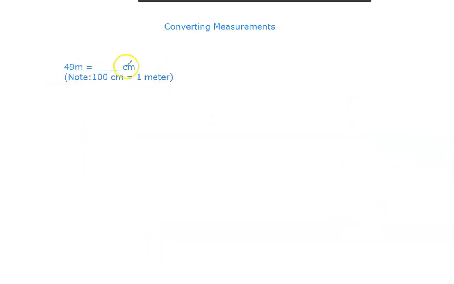In our last example, we're going to convert a larger unit to a smaller unit. So again, I'm going to rewrite my equation. And meters is larger than centimeters. So in this situation, when I'm going from a larger to a smaller, I'm going to multiply.